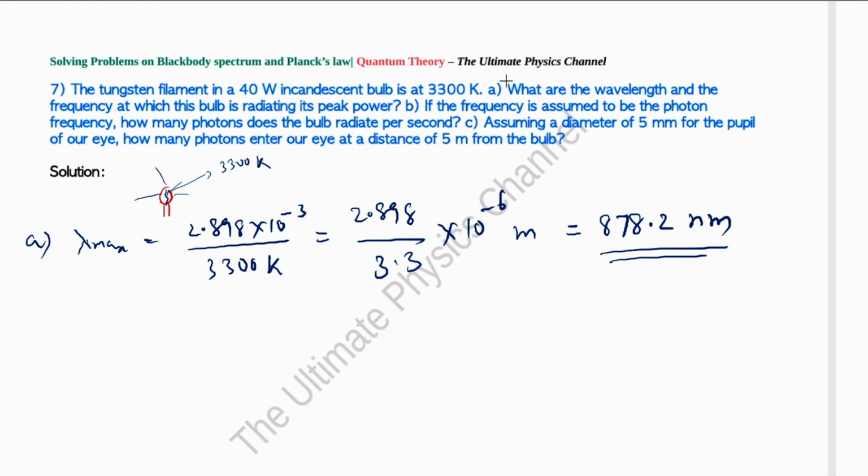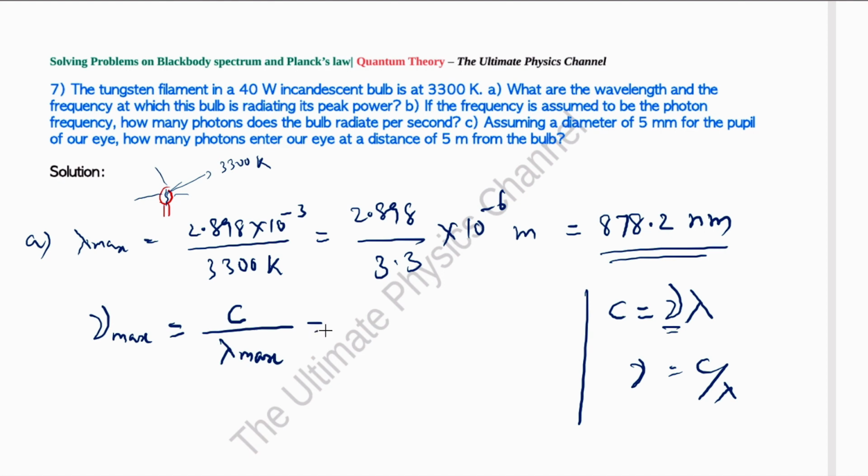Now we need frequency also in the first part, so let me call that nu max, which is the frequency at which the bulb is radiating its maximum power. That is going to be the speed of light c over the wavelength, because we know that the speed of light is merely a product of the frequency and wavelength. So we want here frequency, so nu is c over lambda.